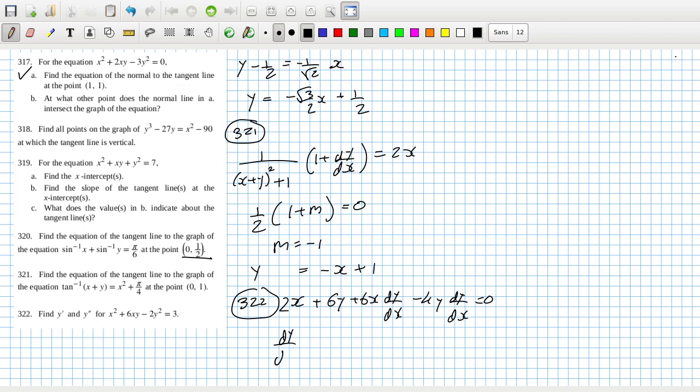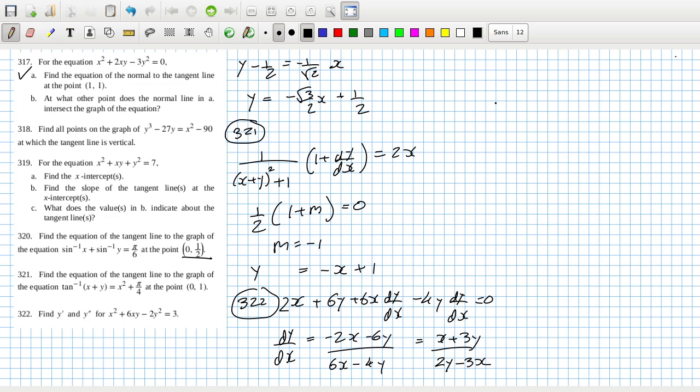So that means dy/dx will equal minus 2x minus 6y over 6x minus 4y. Or clean that up a little bit. That's x plus 3y over 2y minus 3x, multiplying the top and bottom by minus and dividing top and bottom by 2. Okay, so that's the dy/dx.